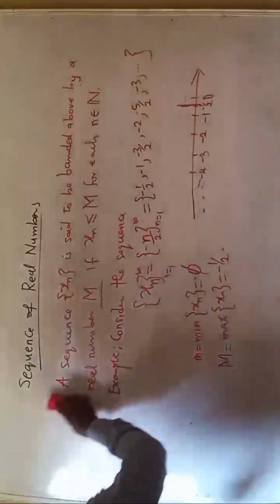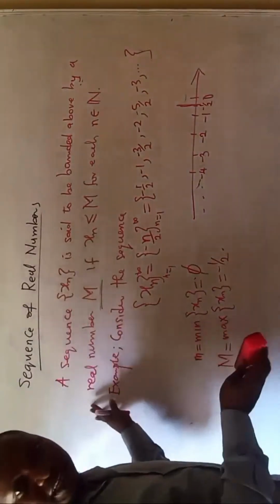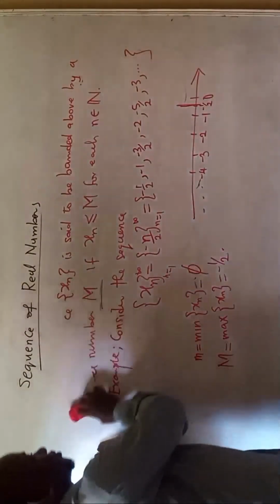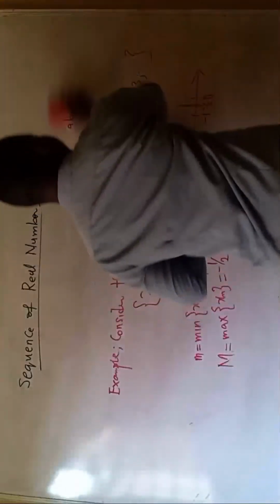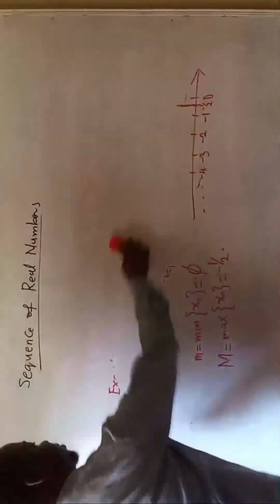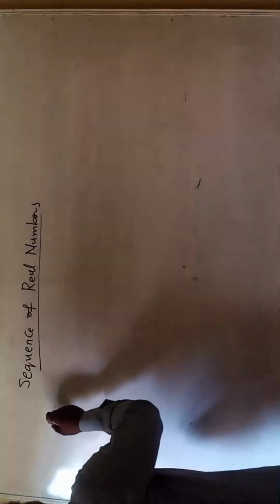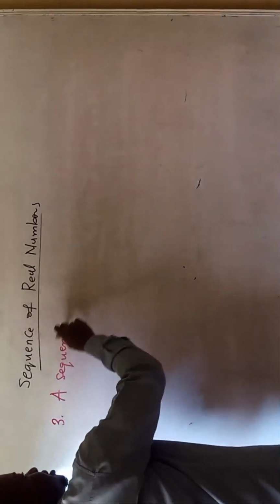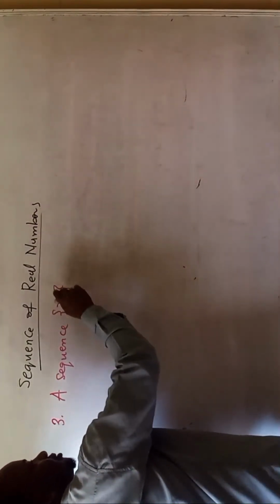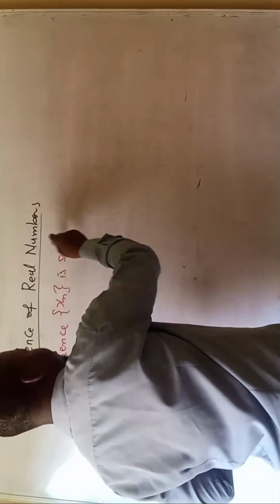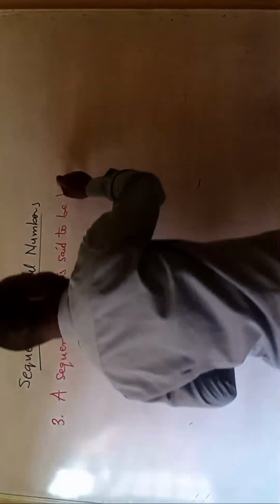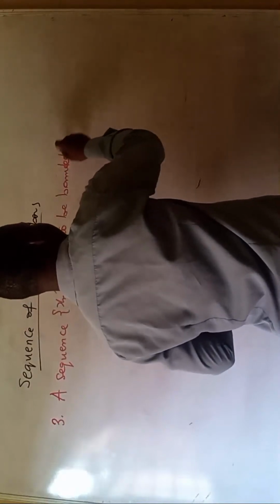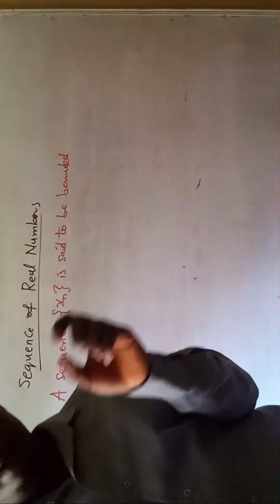Now, this will lead us to the next definition. The sequence xn is said to be bounded. Now, we will remove the words below and above.